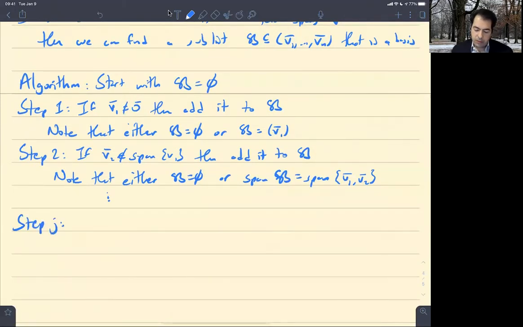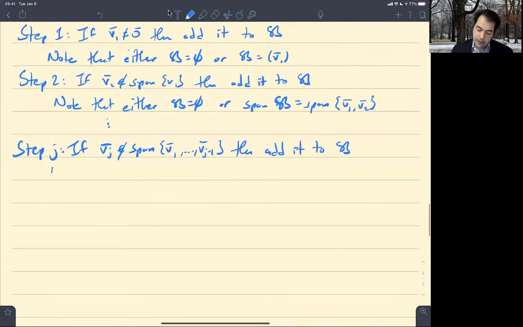What I mean by keep doing this: at the jth step, you say if the jth vector is not in the span of v1 through vj minus 1, then add it to B. And note that at the end of this step, either B is the empty set.